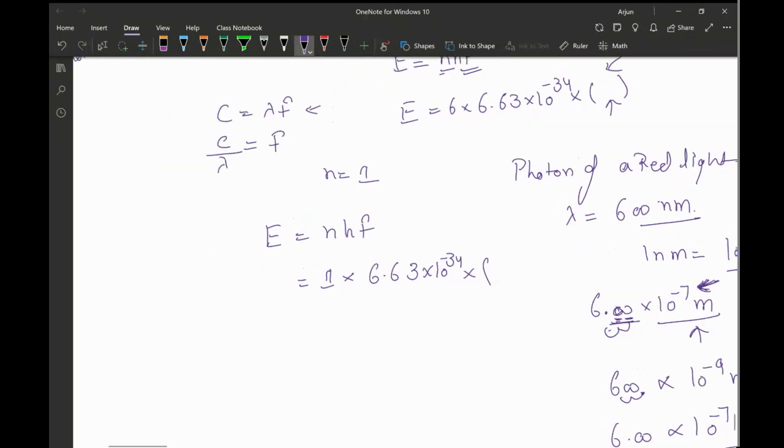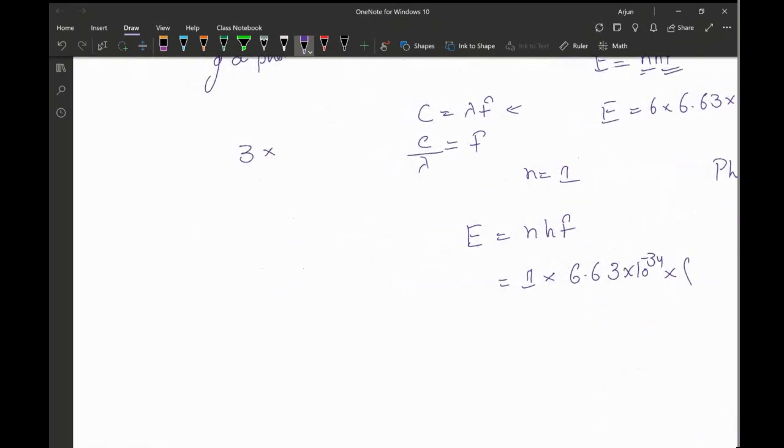The c value, we know that is 3 times 10 raised to the power 8 meters per second, divided by lambda, which is given to me in this case as 600 nanometer, so 6.00 times 10 raised to the power negative 7 meters. Once you do the math, this number is going to come out to be 5.00 times 10 raised to the power 14. The unit of frequency is hertz, or 1 upon seconds.